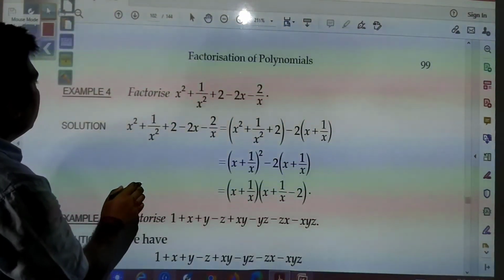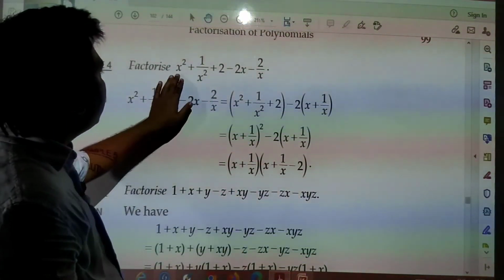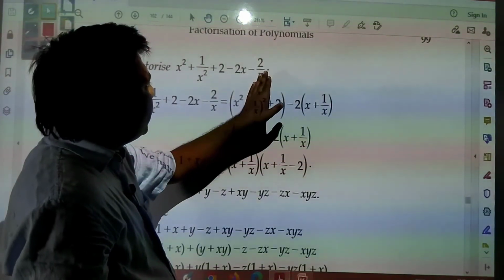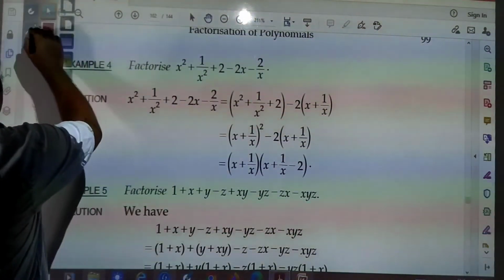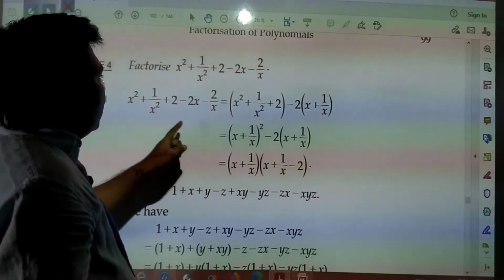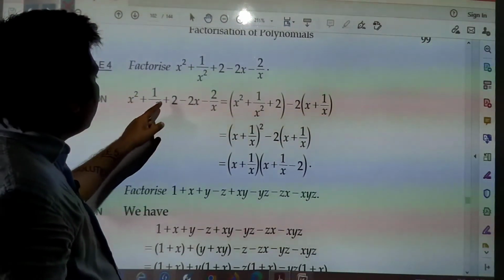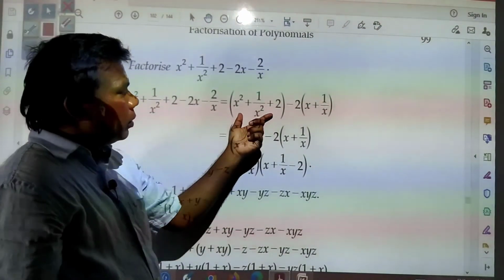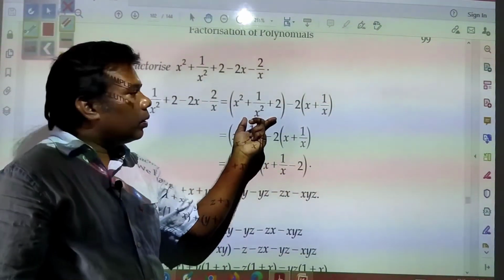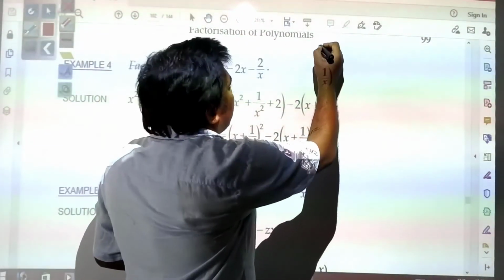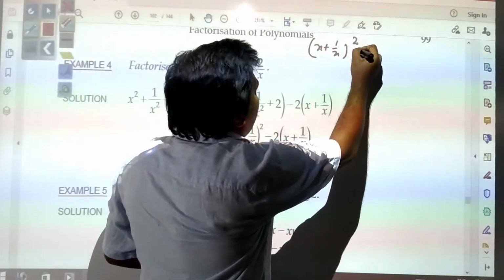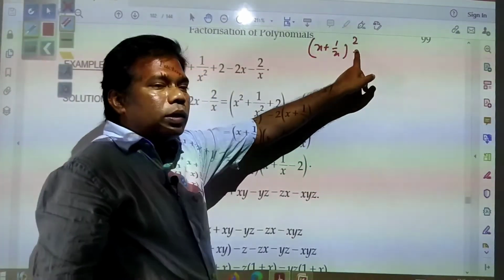Then you have factorize x square plus 1 by x square plus 2 minus 2x minus 2 by x. Here you see how it has been done. X square plus 1 by x square plus 2 has been grouped together. Why? Because in formula it can be put. Here you see how it will be put. We can write x plus 1 by x whole square as a plus b whole square.